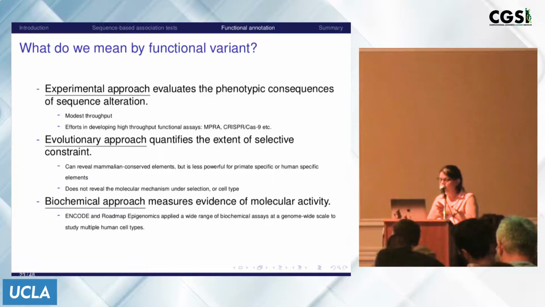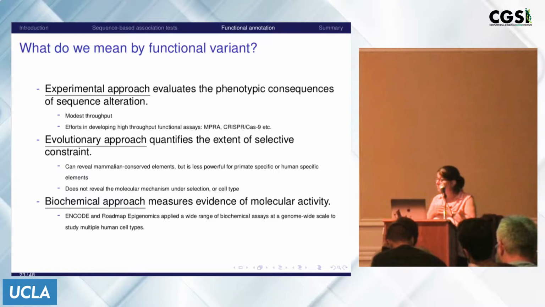And then there are other more computational approaches, like the evolutionary approach that quantifies the extent of selective constraint at a position or in a region. And then there is a biochemical approach that measures evidence of molecular activity across the genome.